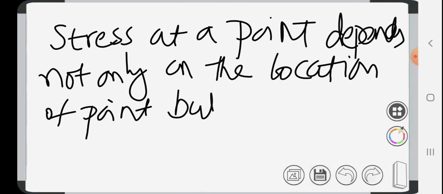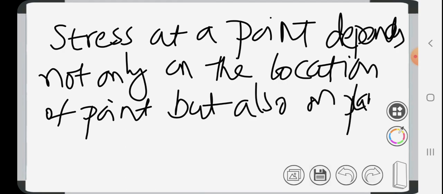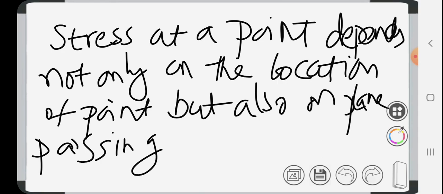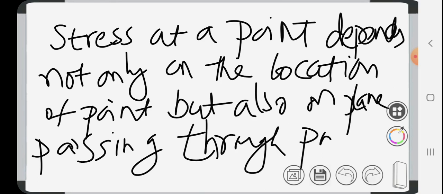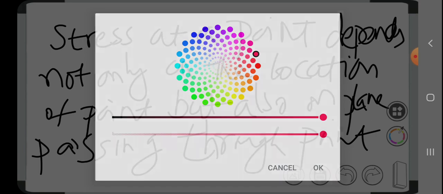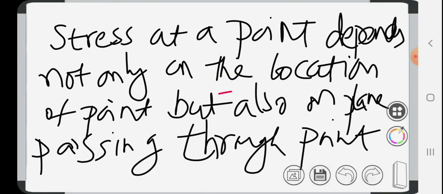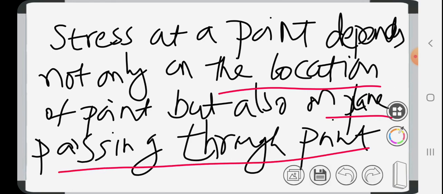But also on the plane passing through that point. So very important, two factors: the location and the plane passing through the point.